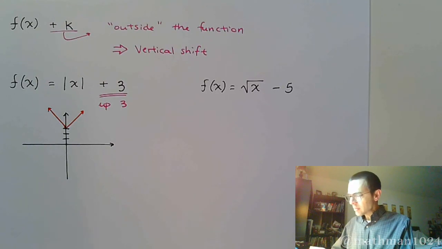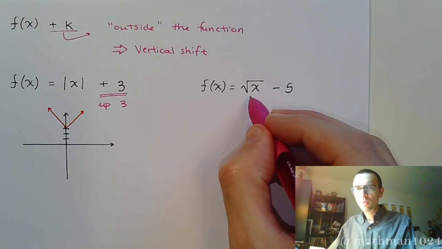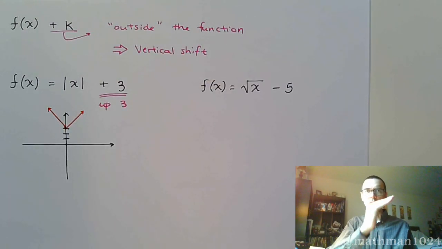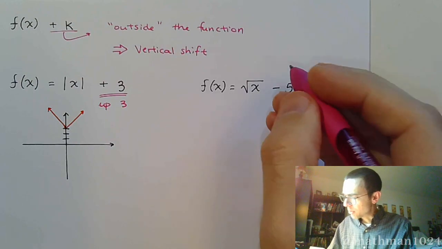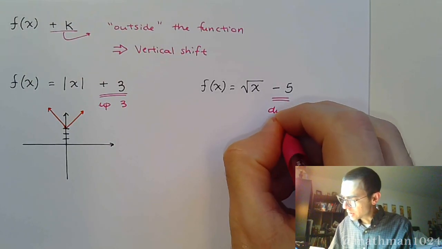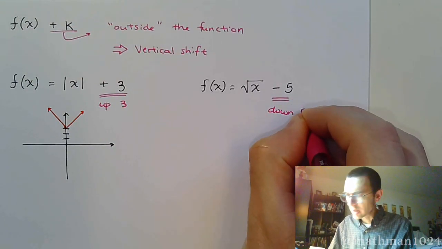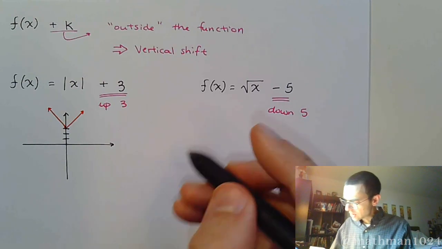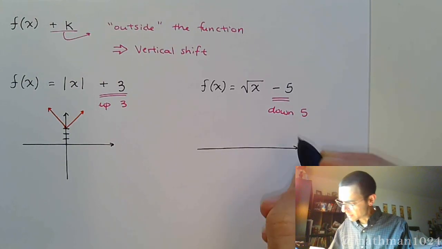So for this function right here, we have the square root of x, so we know what shape that is. That's that half sideways parabola that looks like this. And the minus 5 means that I'm going to be going down 5 units. So let's see what that looks like.